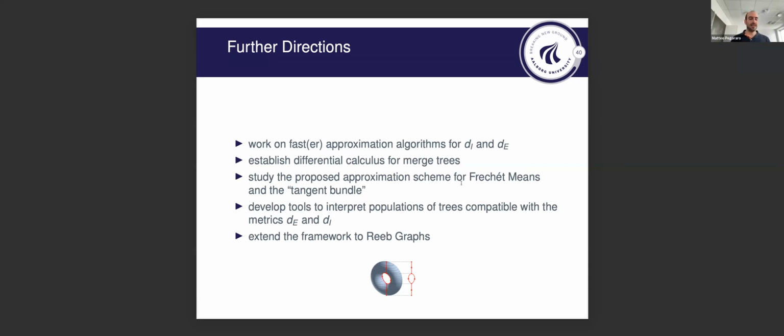Then lastly, the edit distance that I propose works for more general graphs than just merge trees. So, I would like to see if there are some computational tools with which we can work with Reeb graphs, which sadly enjoy much weaker ordering properties compared to trees.